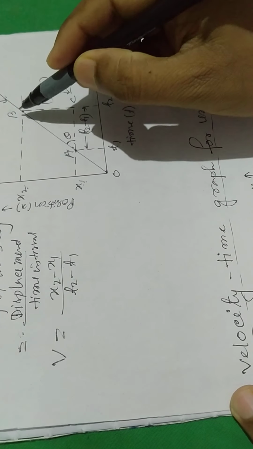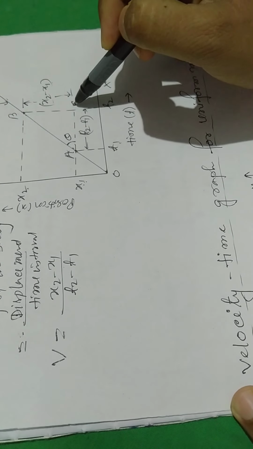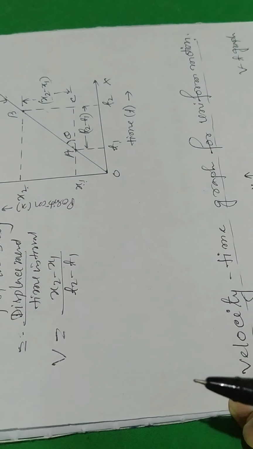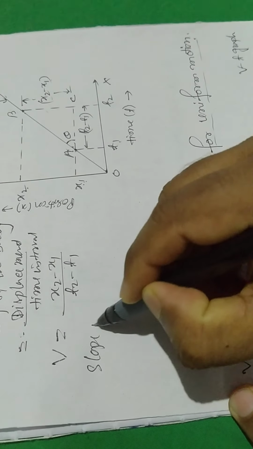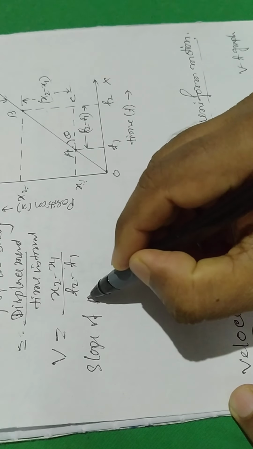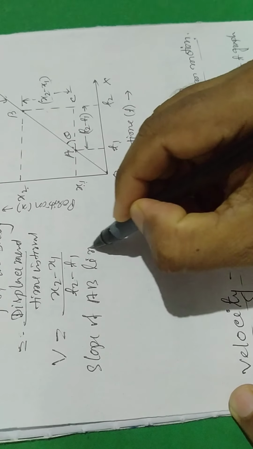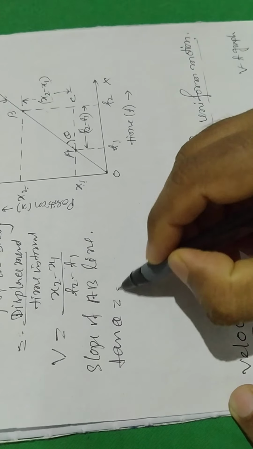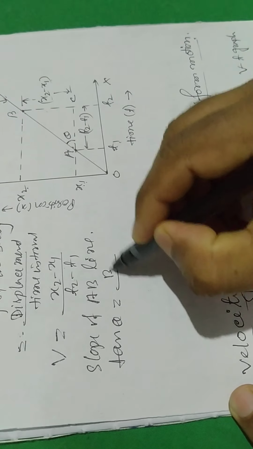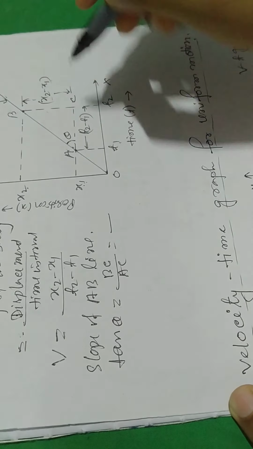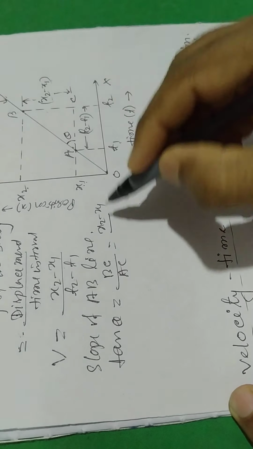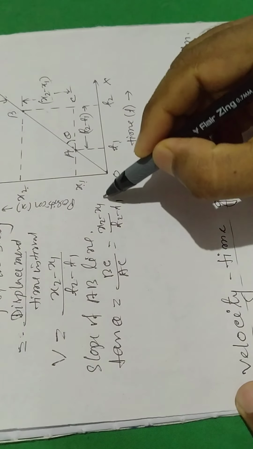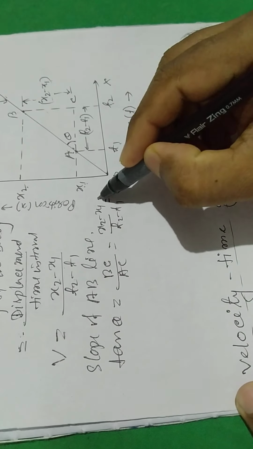If you take triangle ABC, which is a right angle triangle, then the slope of line AB is tan theta equal to BC by AC. BC is x2 minus x1 divided by t2 minus t1, which is equal to v.